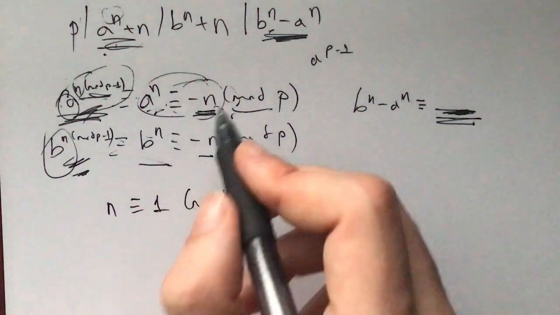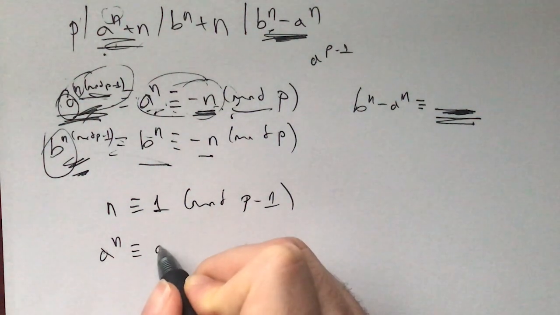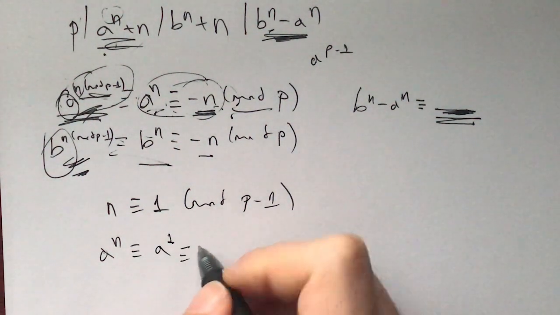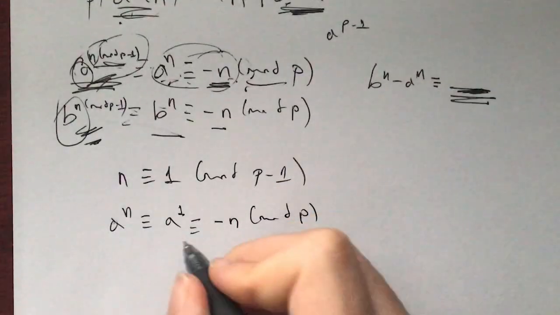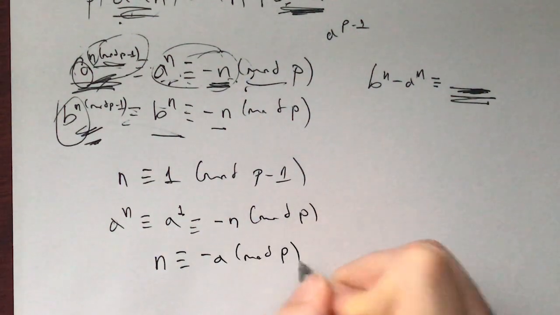So what does that mean? I'll have a to the n congruent to a to the first, which is going to be congruent to minus n modulo p. So I need n to be congruent to negative a mod p, right?